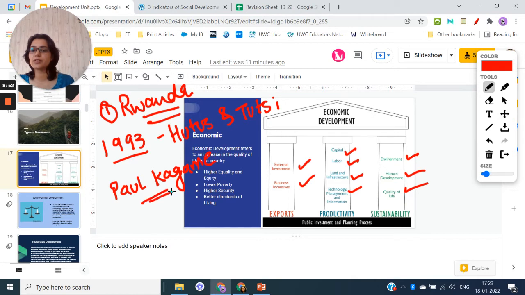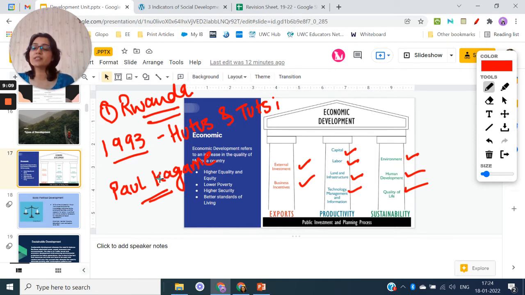has been ruling this country, and the economic growth, the economic development of this country has been exponential. This country is known as the Singapore of Africa also, in terms of cleanliness, progress, economic growth, economic development.